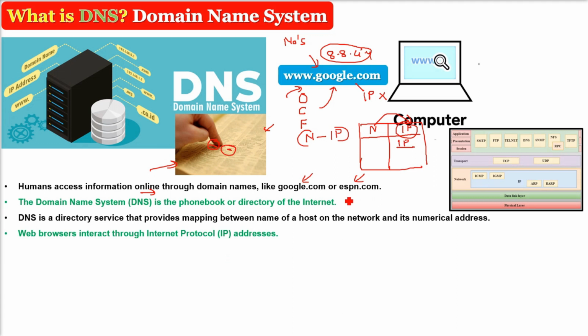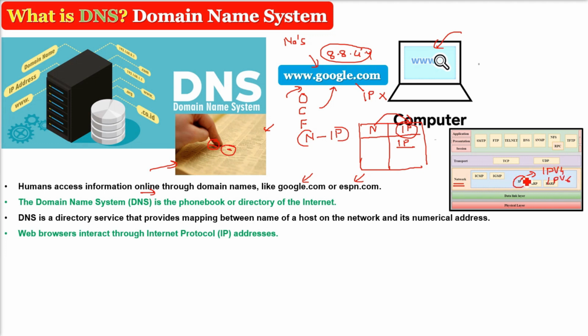Web browsers, as I just told you, interact through internet protocol IP addresses. This is the network layer I'm talking about. This IP is implemented using IPv4 and IPv6 addresses. So a web browser can only interact through IP addresses.